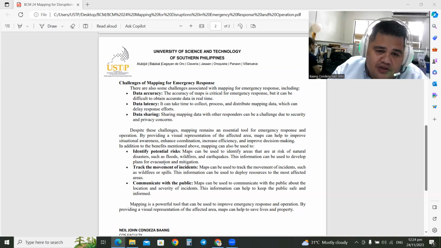The third challenge for mapping in emergency response is data sharing. Sharing mapping data with other responders can be challenging due to security and privacy concerns, because you would have to publish the map, maybe.